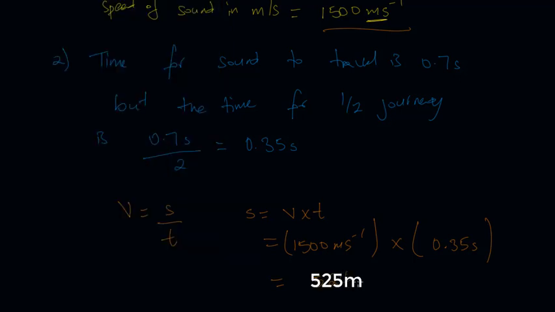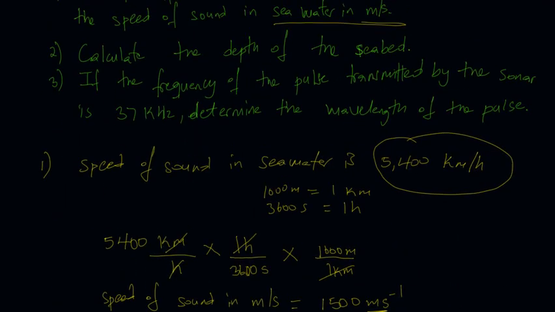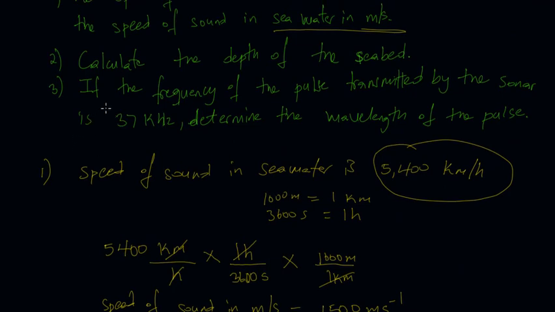So that's the depth of the ocean floor. Now, part 3 says, if the frequency of the pulse transmitted by the sonar is 37 kilohertz, determine the wavelength of the pulse.